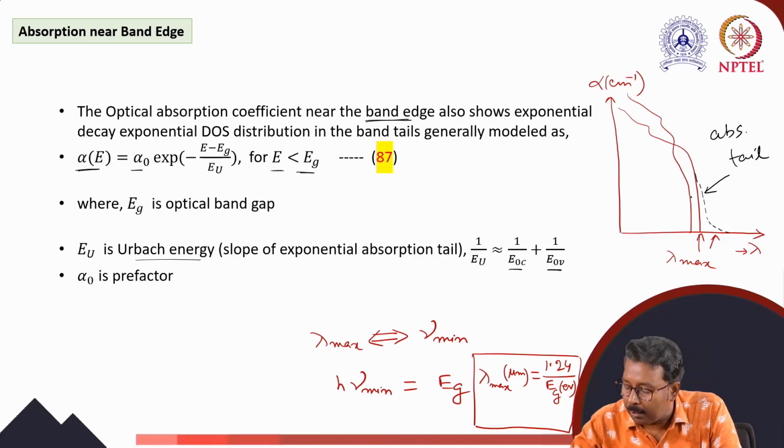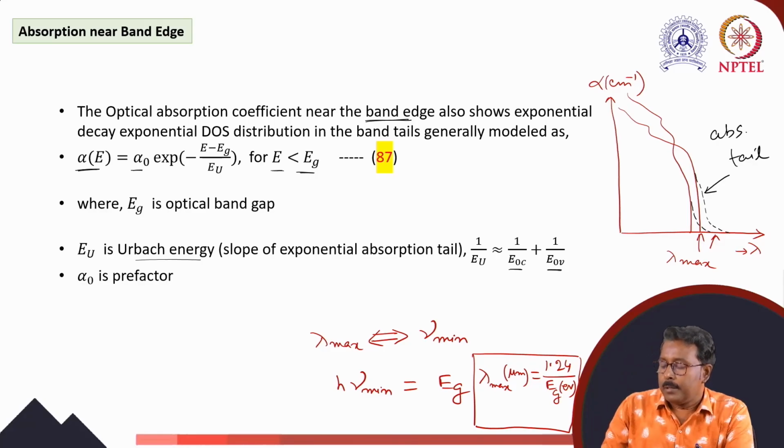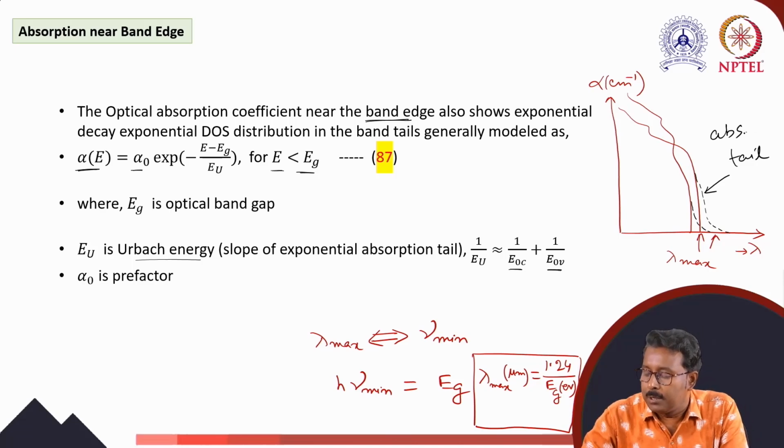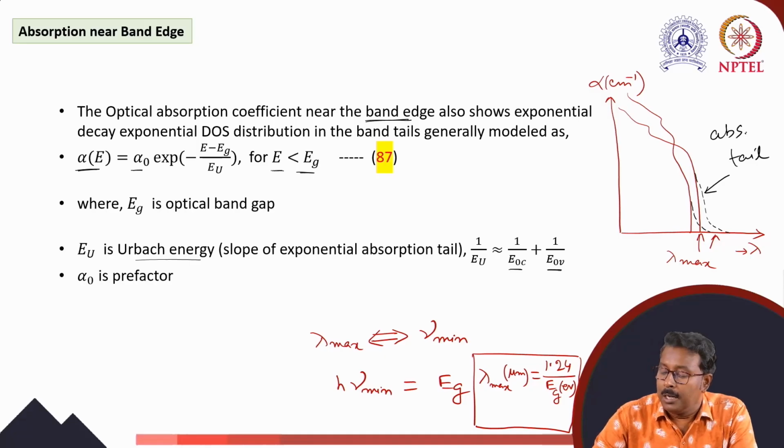For this material also we have a tail. This absorption tail is due to the presence of these states. It is observed in the case of amorphous material. So during simulation, whenever we put an amorphous layer in a solar cell simulation, the absorption will also look like this.